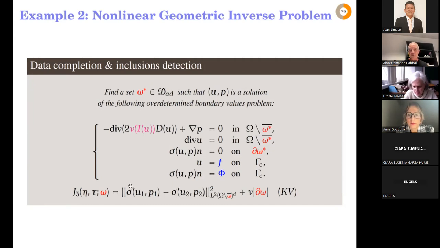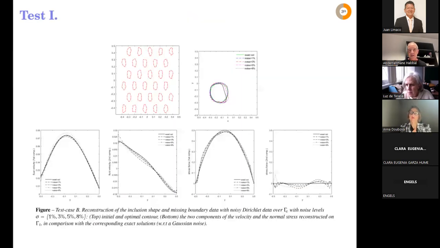So we reintroduce the coupled functional. We do the same linearization procedure where W1 gives information on state to W2 and W2 gives information on state to W1. And computational results were very satisfactory.